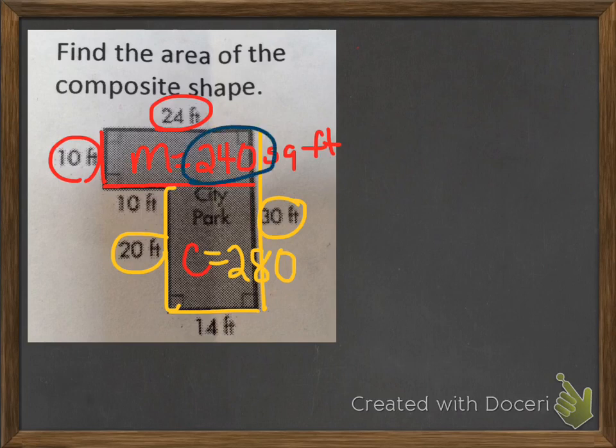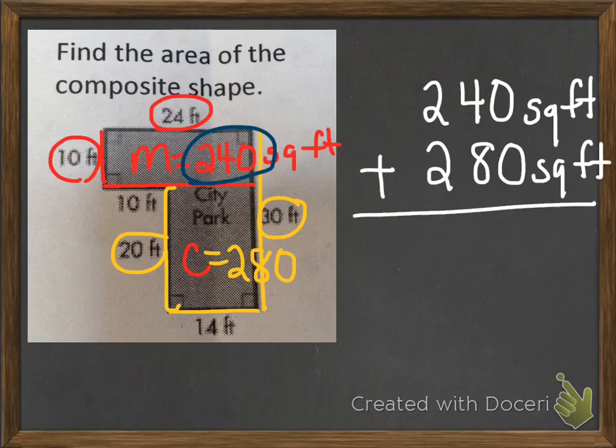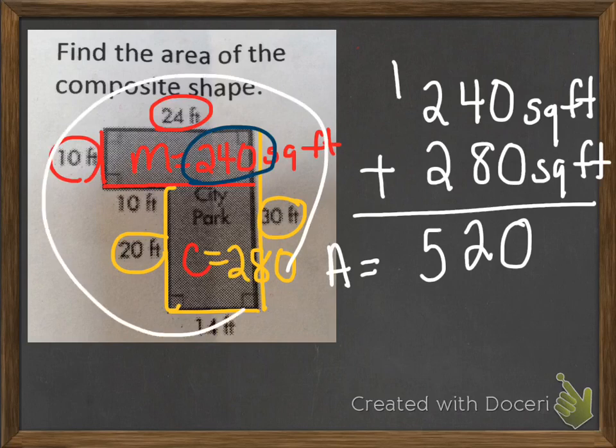I'm going to add the measurement that I got for M, which is 240 square feet, plus 280 square feet. 0 plus 0 is 0, 4 plus 8 is 12, and 2 plus 2 plus 1 is 5. So the whole area of the entire composite shape is 520 square feet.